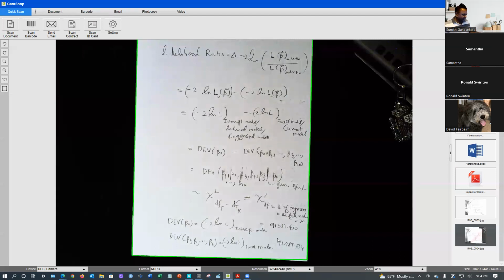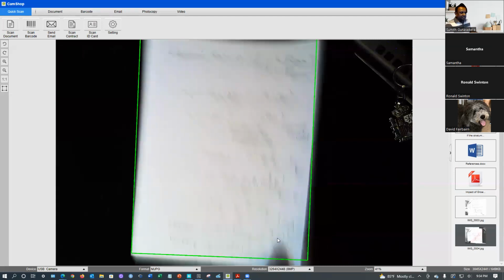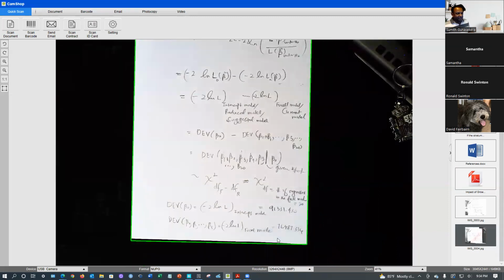Those two we already have. The degrees of freedom is the difference between the full model and the reduced model, which is the number of regressors in the full model, 20. That's why it is consistent.